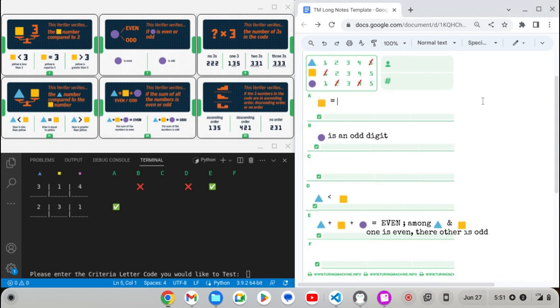Square does equal 3. So that means we can cross out a whole lot of stuff. Okay, and because it is equal to 3 and we're dealing with an even, that means that triangle has to be the 2.